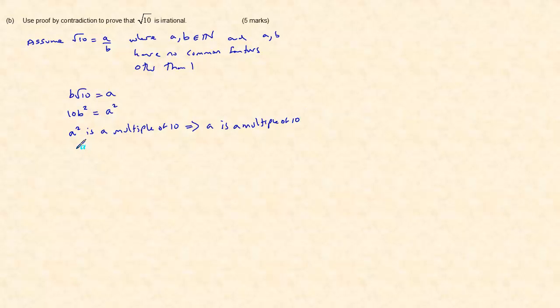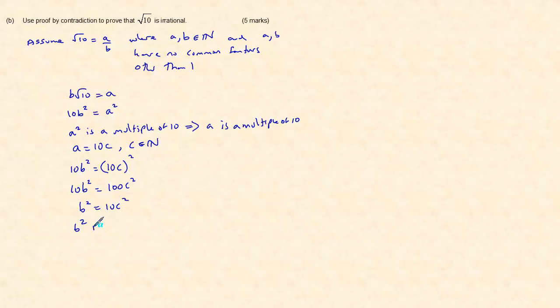So we can say that a is equal to 10c. Then we can say that 10b squared is equal to (10c) all squared. So 10b squared is 100c squared. So b squared is 10c squared. We should say here that c, of course, is a natural number.